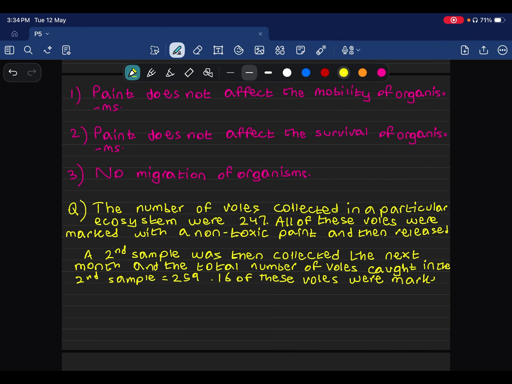Okay, interesting. Estimate the population size. So just pause the video, try to attempt it, and then resume the video to see if your answer was right or not.